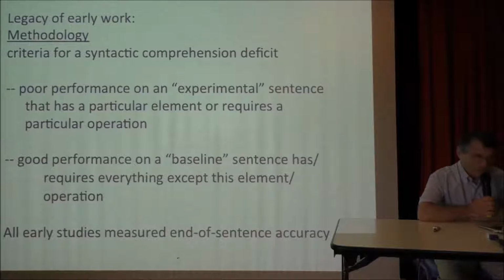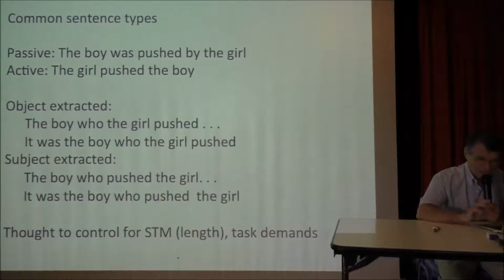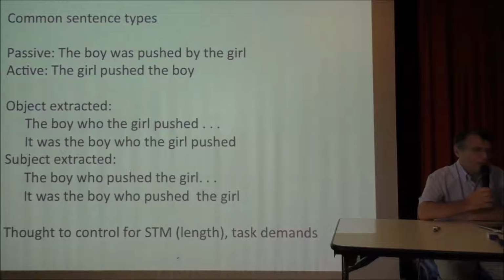Now, all early studies judged good and poor performance based on accuracy, and I'm going to have a lot more to say later about what constitutes good and poor performance. But we'll just let it go at that for the moment.